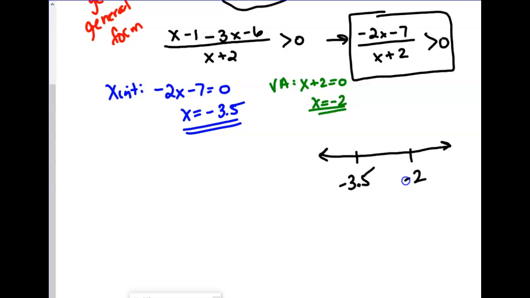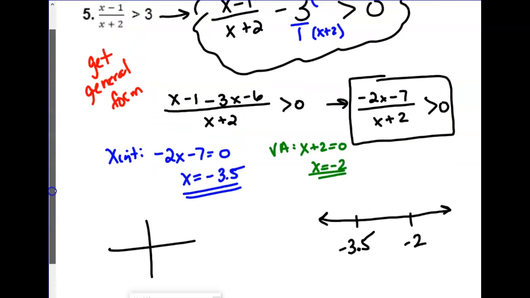Now, from here, you can either plug in numbers, no thank you, or you could grab your calculator. I love using my calculator because number 1, it's going to confirm all my hard work, and number 2, it's going to tell me the positive and negative stuff with a visual interpretation rather than me having to plug in a bunch of numbers. So I need y'all to grab your calculator, and remember, you're not typing in this new version of it.